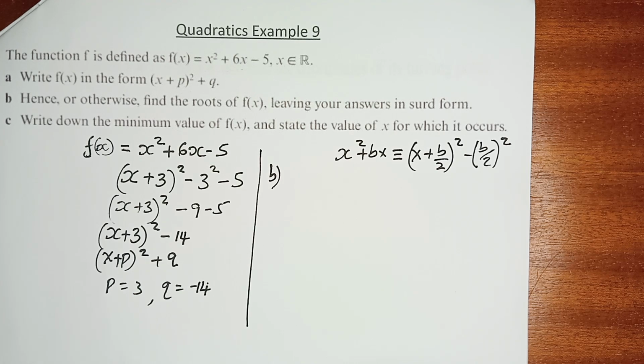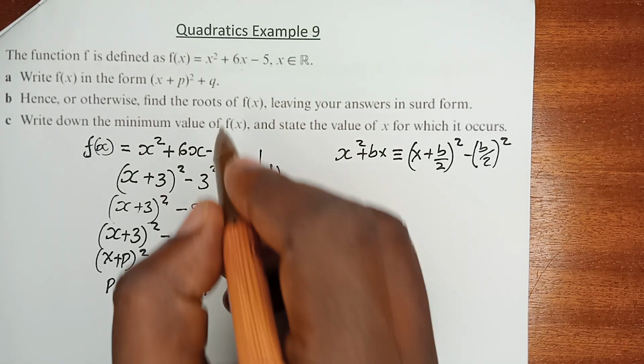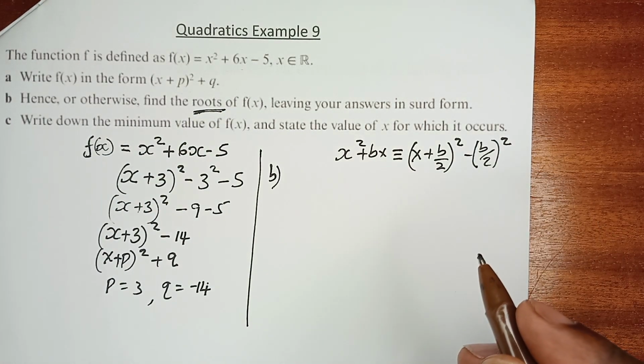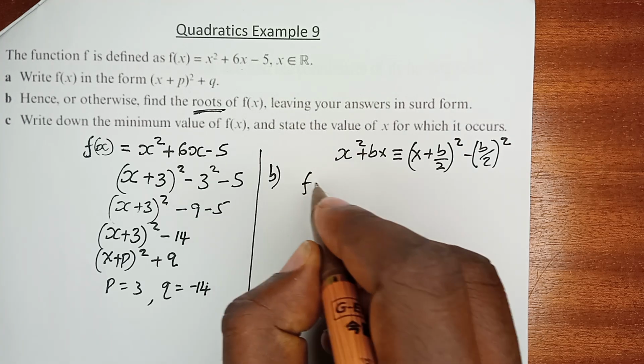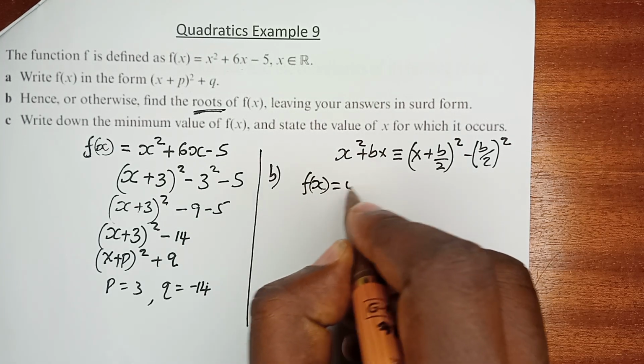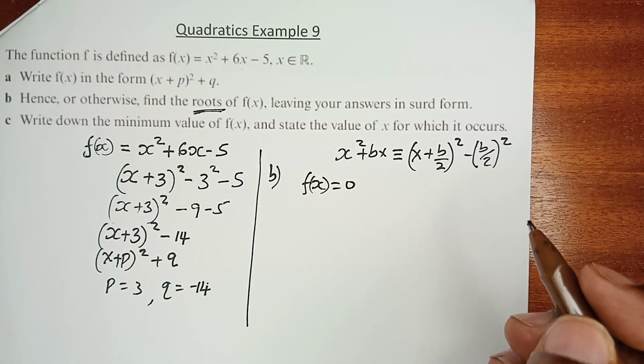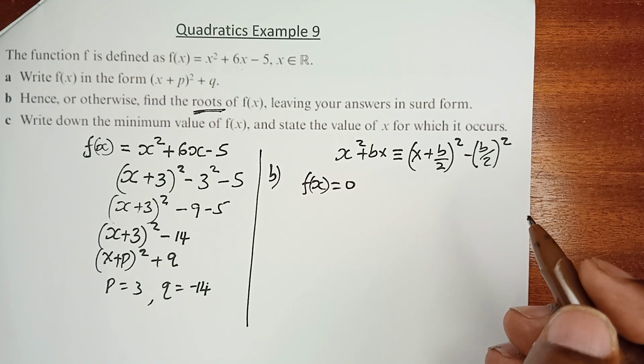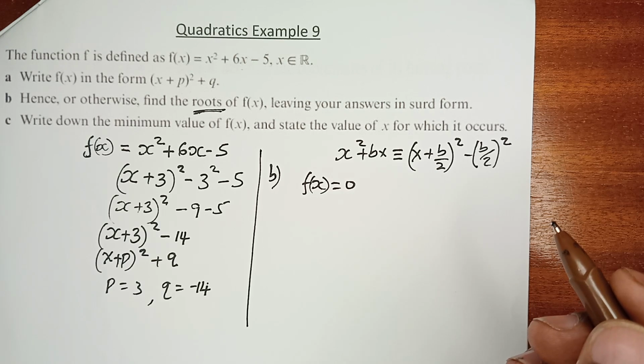What we know is when we are finding the roots, the function is always equals to 0. f(x) is always equals to 0 because y is always equals to 0. That means we would want to find the x-axis intercept.